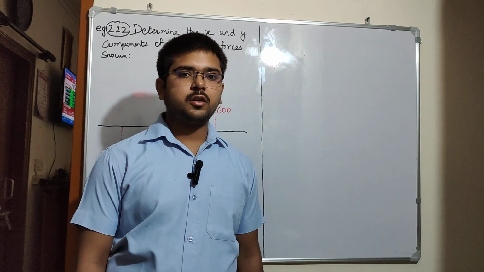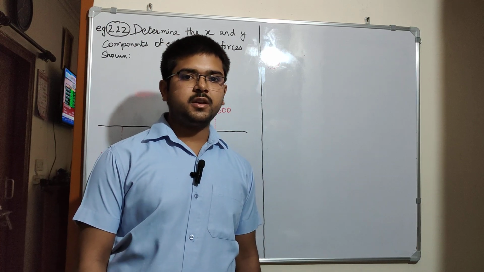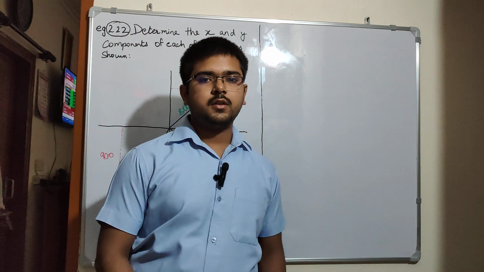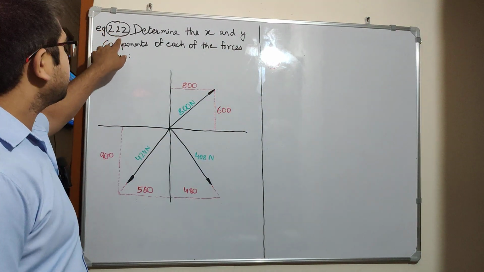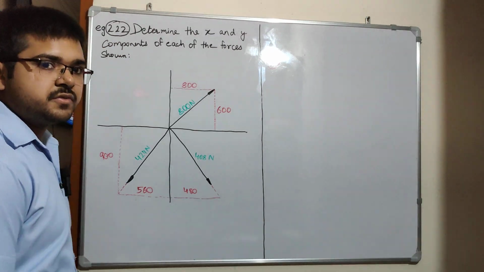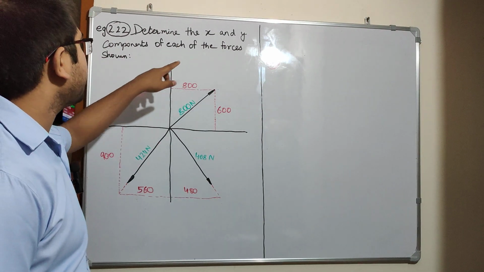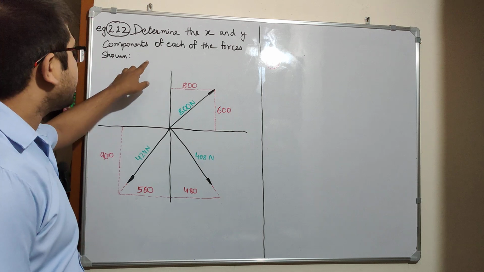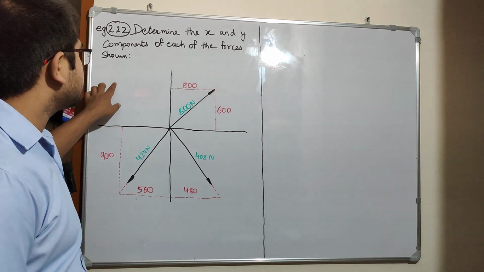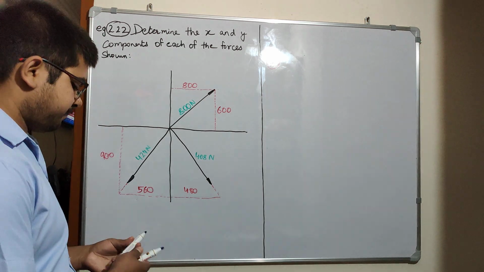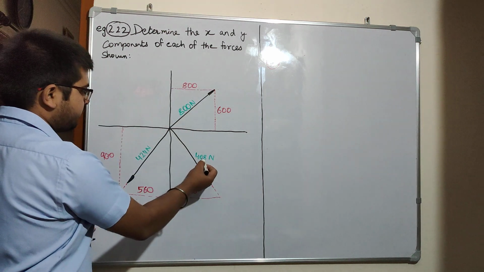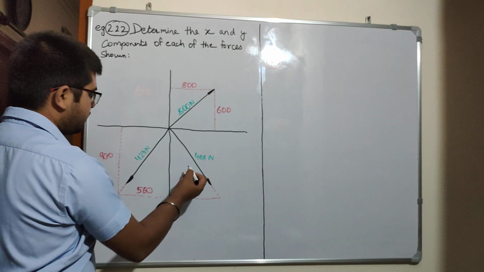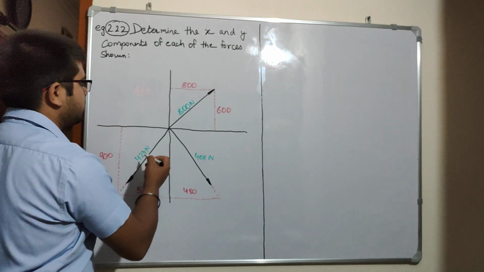Today we will be solving an unsolved problem in Beer and Johnson's book. The problem number is problem 2.22, in which we have to determine the x and y components of each of the forces shown. So these are the three forces: 800 Newton, 408 Newton, and 424 Newton.